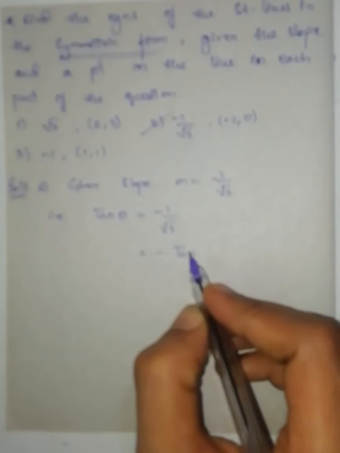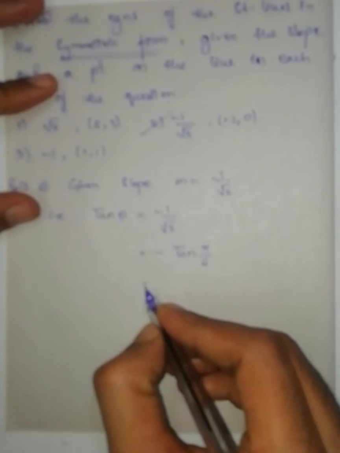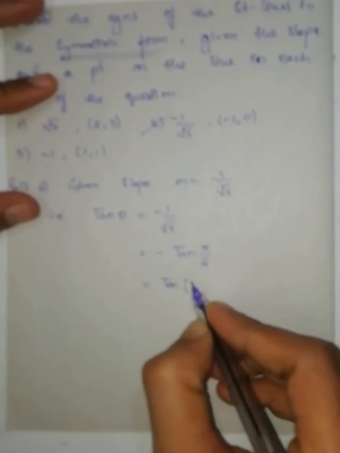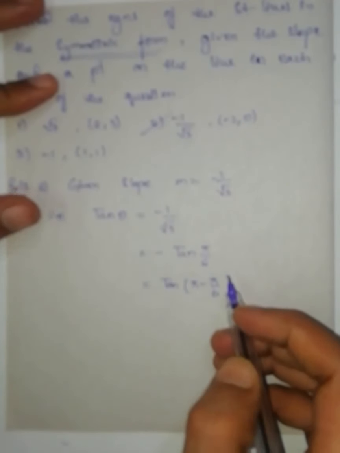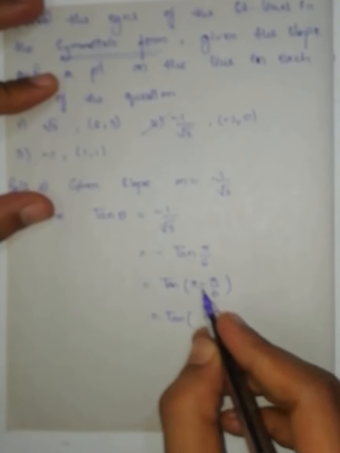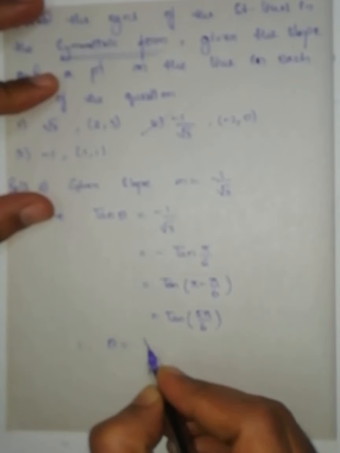For what value of tan it will become 1 by root 3 is tan pi by 6. This one can be written as tan pi minus pi by 6. Tan pi minus pi by 6 is minus tan theta, which is equal to tan 5 pi by 6. Therefore, theta is equal to 5 pi by 6. Now we have a theta value and also the slope of a point is given.